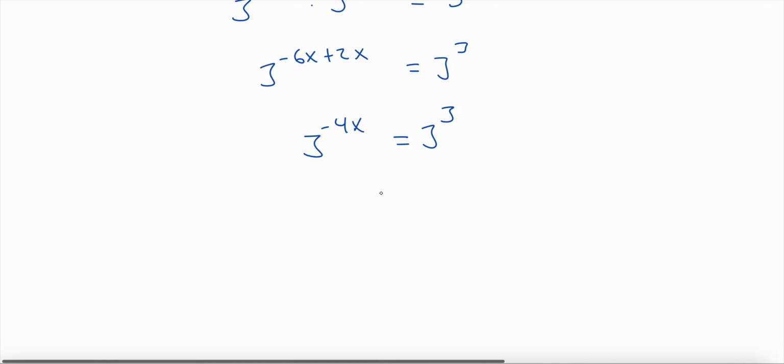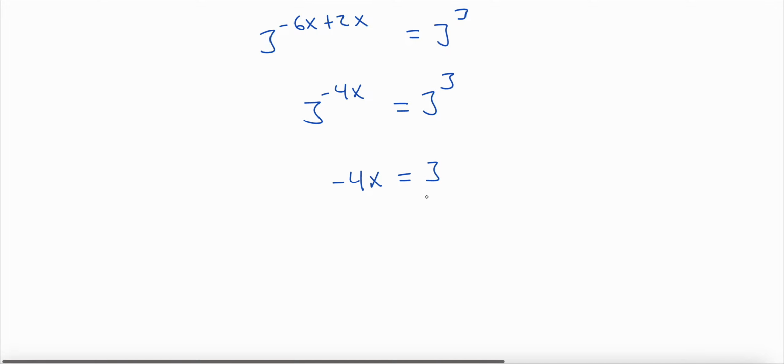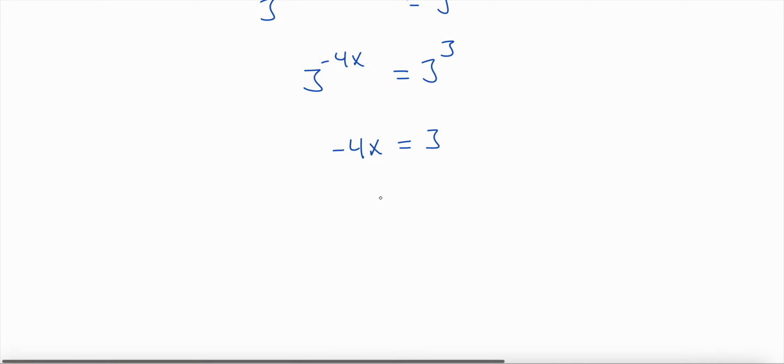And now we are right where we want to be, so we can set these two exponents equal to each other because we have the same bases. And so we're going to have negative 4x equals 3. Dividing both sides by negative 4, we have x equals 3 over 4. And of course, that's going to be negative because we're dividing by negative 4. So x equals negative 3 over 4.